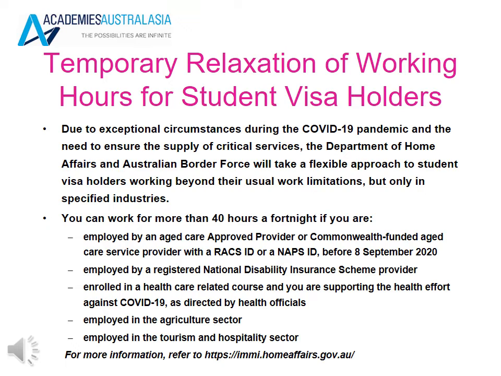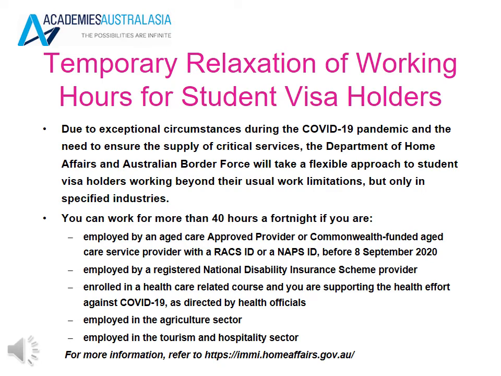You can work for more than 40 hours a fortnight if you are employed by an aged care approved provider or Commonwealth funded aged care service provider with a RACS ID or a NAPS ID before the 8th of September 2020.